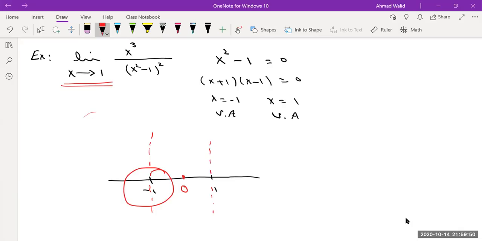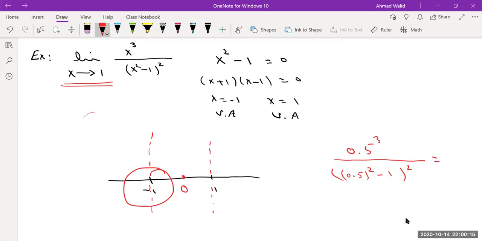For example, between 0 and 1, I can put 0.5, right? Then it will be 0.5 cubed over (0.5 squared minus 1) all squared. Again, no need to calculate these numbers. The important part is sign analysis.